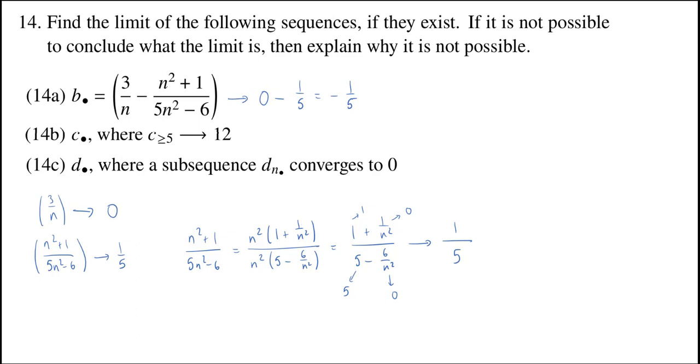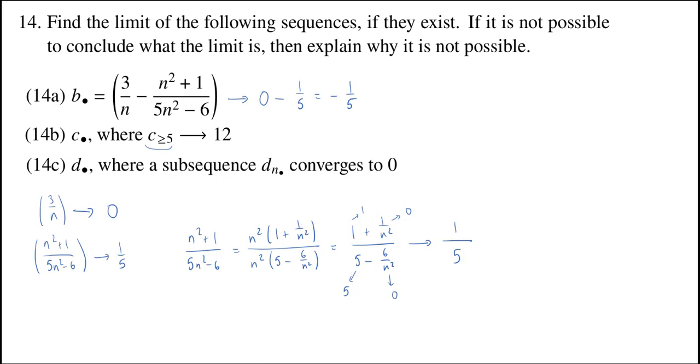C dot, remember, is our notation for the tail of C that starts in the 5th term, right? So it's C5, C6, etc. And we know that the tail converges to 12. But this gets back to our whole understanding of sequences versus their tails. If we're talking about convergence, we really only care what happens in a tail.